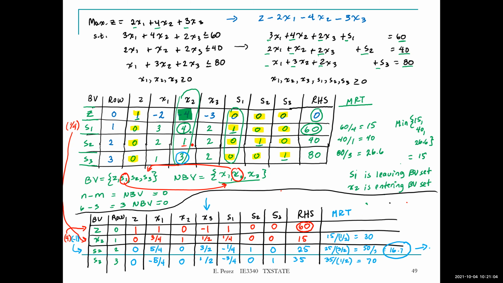You're gonna put X3 now here, and then you're gonna make that column look like this S2 column. Any questions? So I think it's gonna be a good exercise for you to complete on your own. And then if you have questions, we can talk on Wednesday.